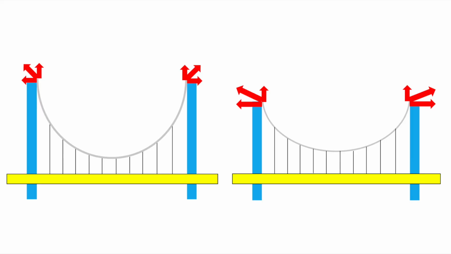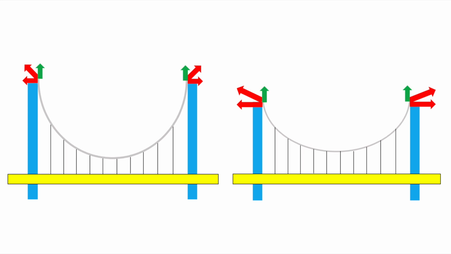So if we take two bridges that are both supporting the same deck, but they have two different heights for their supports, we can take a look at the tension in the cables, and we can break it down into the vertical and horizontal components. And what we'll see is that the vertical component is going to be the same for both bridges because they are both supporting the same mass, the same force of gravity downwards is acting upon both bridges.